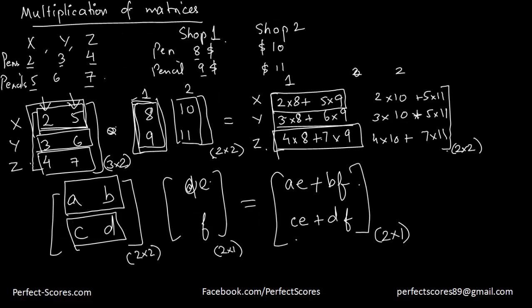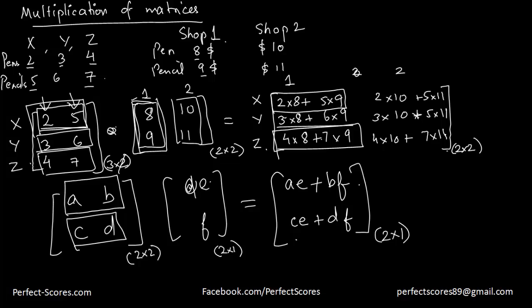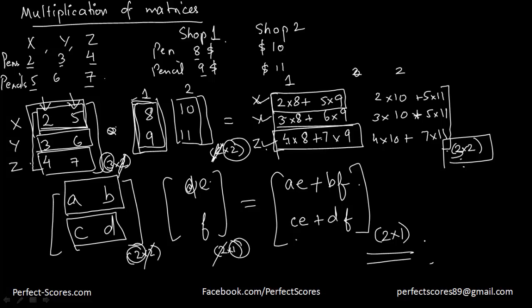You can clearly observe that this 2 is actually equal to this 2, and this is 3 into 2 because there are 3 rows here. So this 2 is equal to this 2, and we got a matrix of 3 into 2 here. Similarly, this 2 was equal to this 2, and we had a matrix of 2 into 1 here and 2 into 1 here.